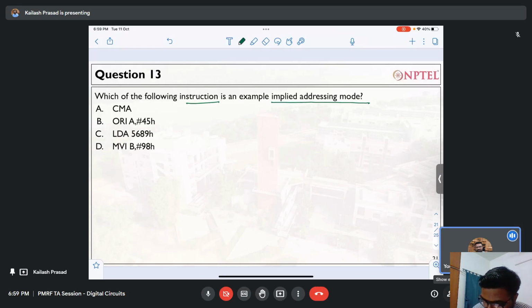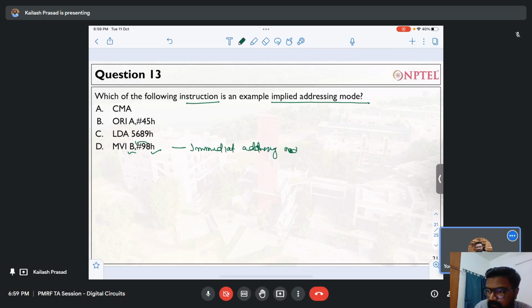Okay, so see, MVI B, 9AH, right? So what you are doing over here is storing the value 9AH in B. This is what we call immediate addressing mode. So this is not implied; this is immediate addressing mode.